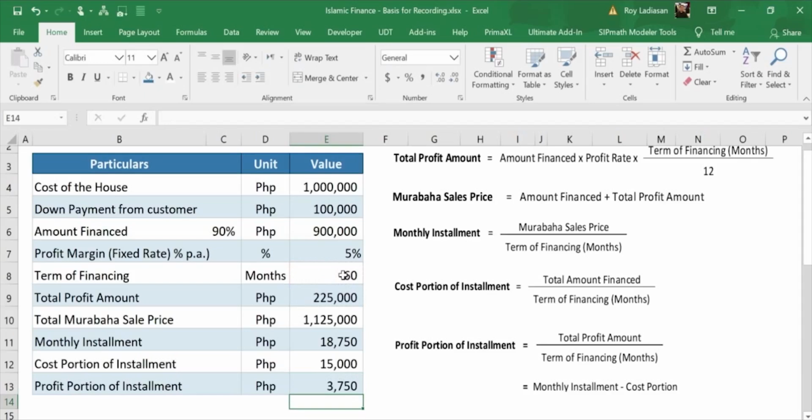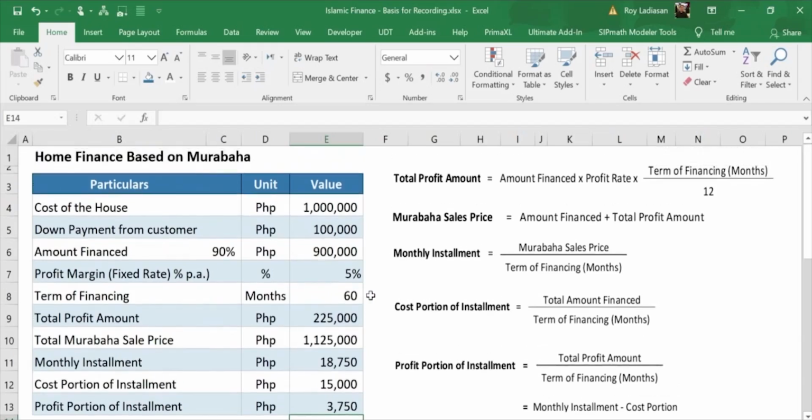In which case, same answer, we get exactly 3,750 pesos. So these are the formulae in determining the Murabaha sales price, the monthly installment, and the profit portion of installment.